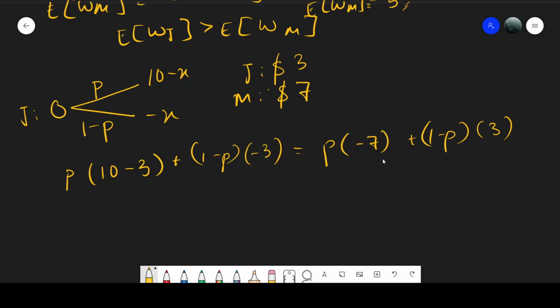This is for Mark, because if a head turns up, he's going to lose $7 to John, and if a tail turns up, he's going to win $3 from John. Actually, this is 10 minus 7; I just wrote 3 over here. If we calculate this, we get P to be 3 by 10.